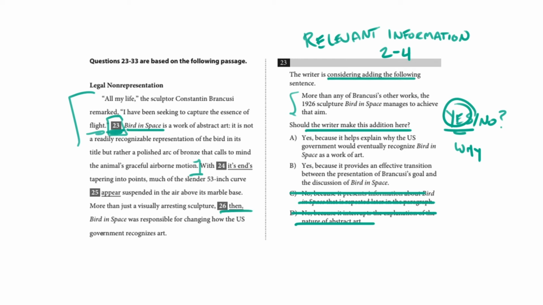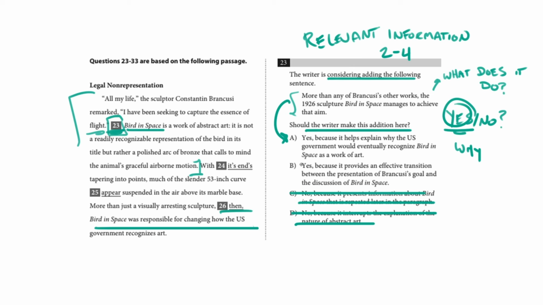You can see at the very end of this paragraph, which is just part of a longer passage that I've excerpted, it says, "More than just a visually arresting sculpture, Bird in Space was responsible for changing how the US government recognizes art." That may be part of the same paragraph, but it's not part of the immediate context of where the sentence is supposed to go. And at any rate, I don't think that's what this sentence does. Ask yourself, when you're looking at the addition, what does this sentence do? And earlier, I said it introduces the idea of the statue.